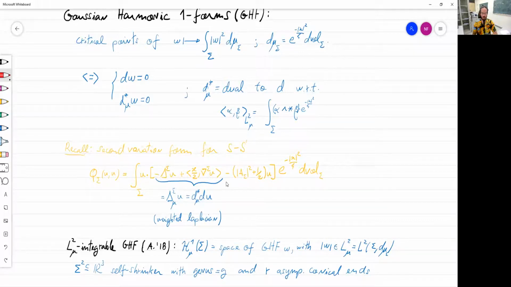This piece of the second variation, of the Jacobi operator, is just the weighted Laplacian, right? So this is equivalent to saying that the weighted Laplacian is equal to 0. That's why Gaussian harmonic forms are relevant, for the same reason that harmonic one forms work well in the calculations for minimal surfaces, right? Okay. So these are Gaussian harmonic one forms.